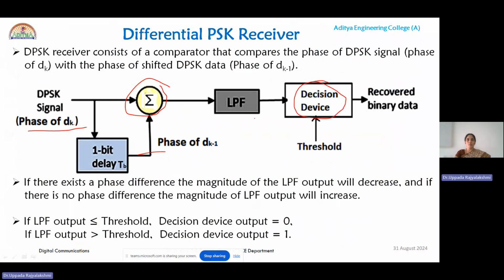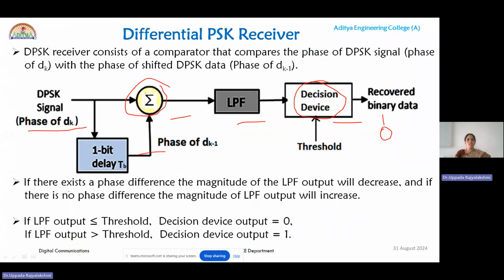If the output of the low pass filter is greater than the threshold, the required data bit is 1. If the low pass filter output is less than or equal to the threshold, the required data bit will be 0. So finally, the DPSK receiver consists of a comparator which compares the phase of the differential data and the phase of the 1-bit right shifted differential data, followed by a low pass filter and decision device.